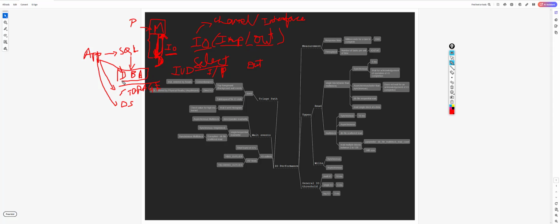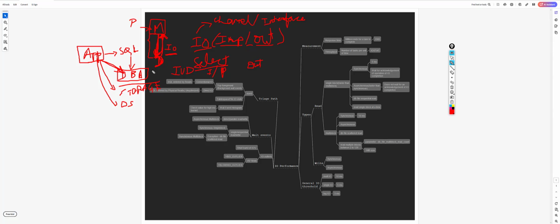In the sense, this SQL query is hitting the database, and the application team always expects the database to respond either fast or slow, right? So if the database is responding slow, obviously the application team says that the database is slow.